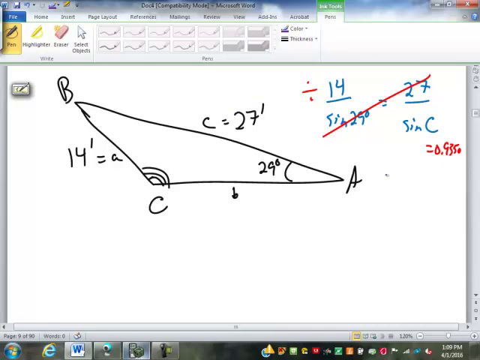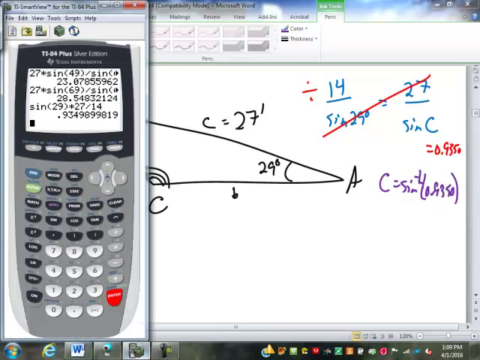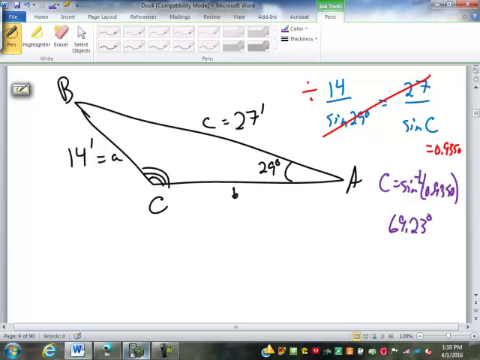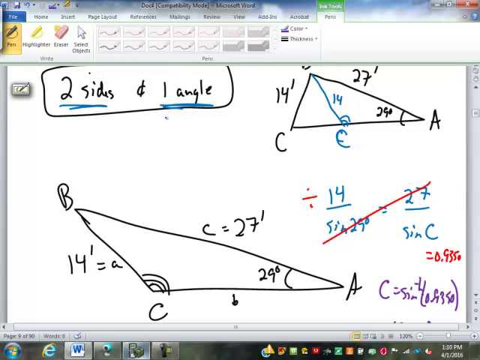So C is the inverse sine of 0.9350. So I do second sine, second answer, 69.23 degrees. But wait a second, C is obtuse. Is 69 obtuse? No, it's not. But recall, a unit circle. We have a sine here of 0.9350 on that angle. There's also an angle over here that has the same sine.